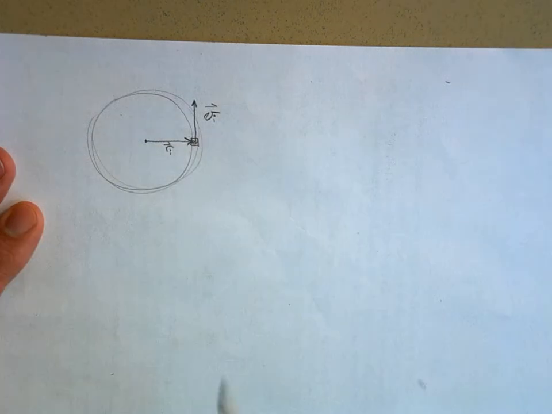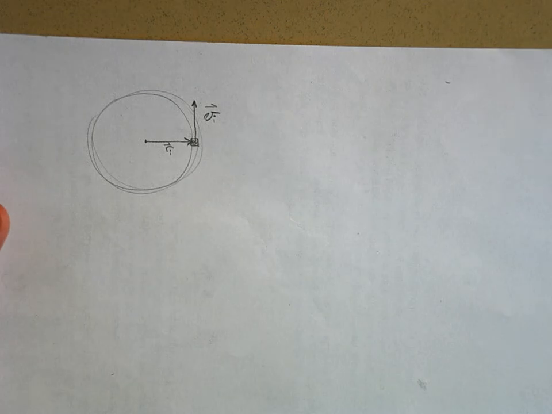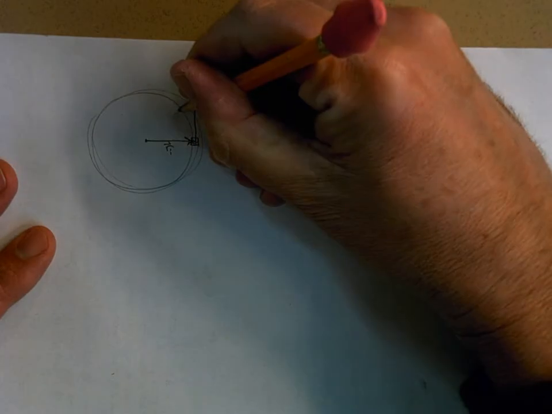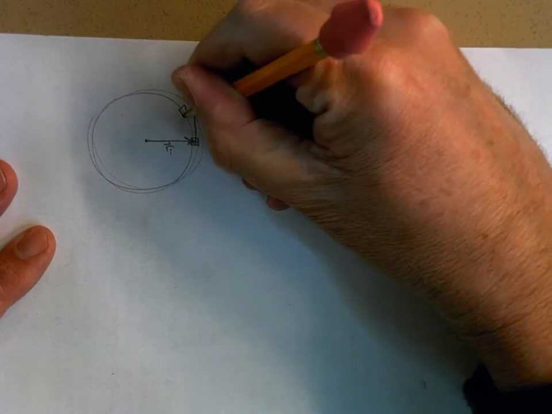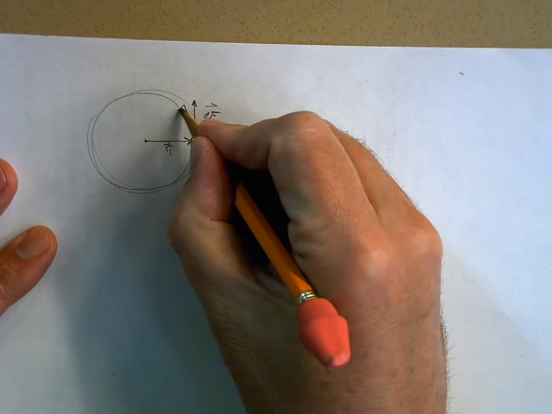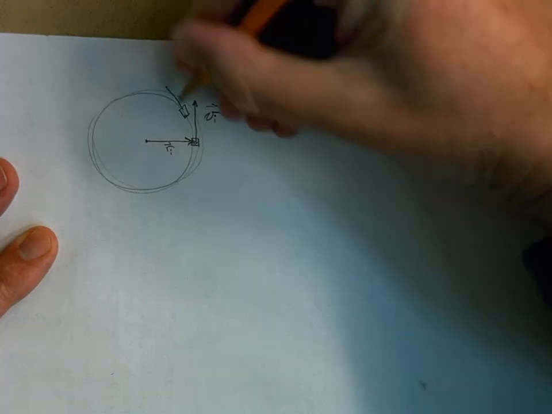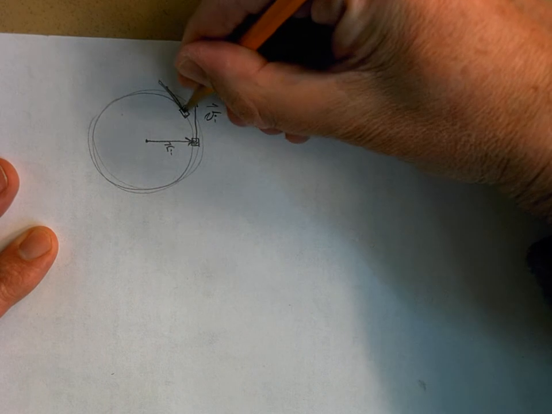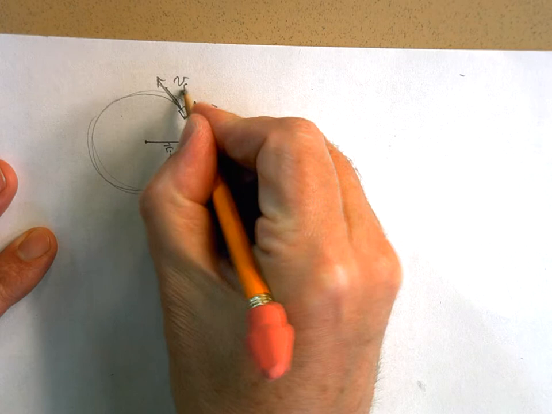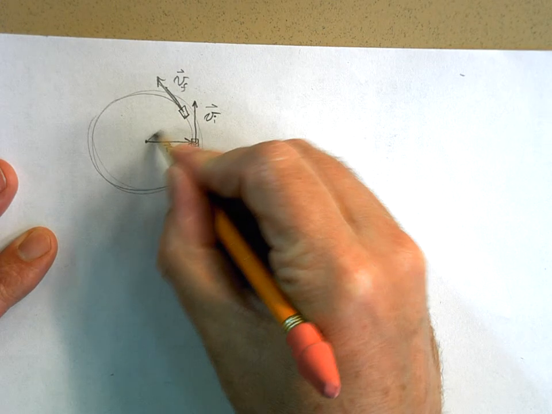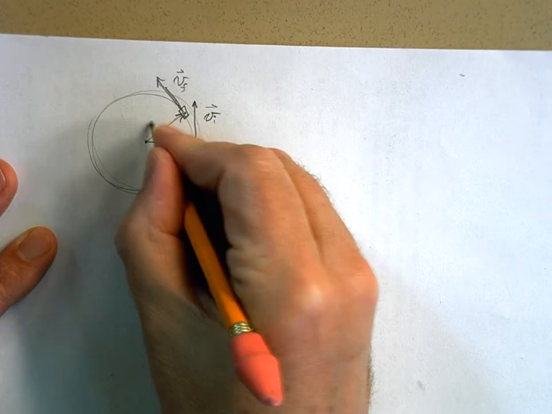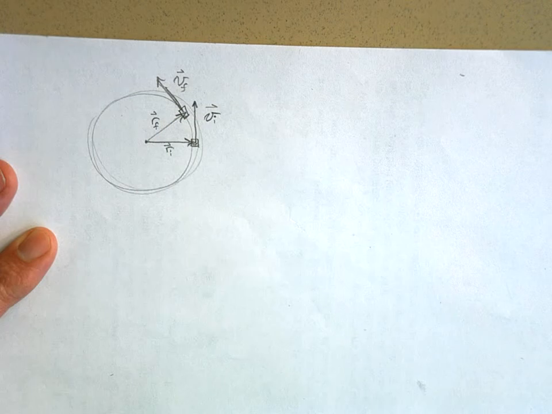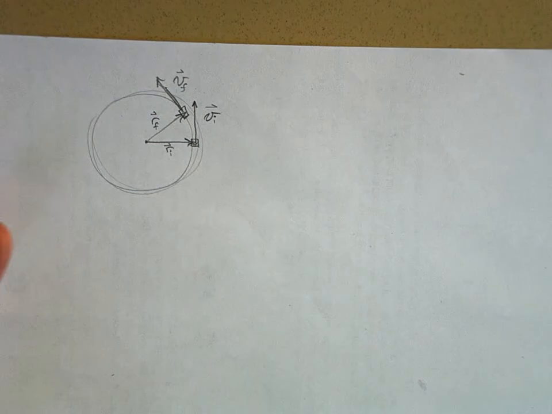So let's say you look at it, and then you let a small time interval go by, maybe half a second or something, and then you notice that the object is over here. And here's the velocity vector here. We'll call this the final velocity, and here's the final position vector.